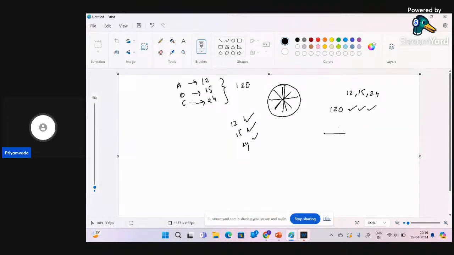Okay, so we'll be taking the LCM as the base, that is 120. A can finish the work in 12 days, and totally we have 120 parts of work. Then for one day, how many parts of work is he doing? 12 into 10 is 120, right? So 10 parts of work will be done in one day.